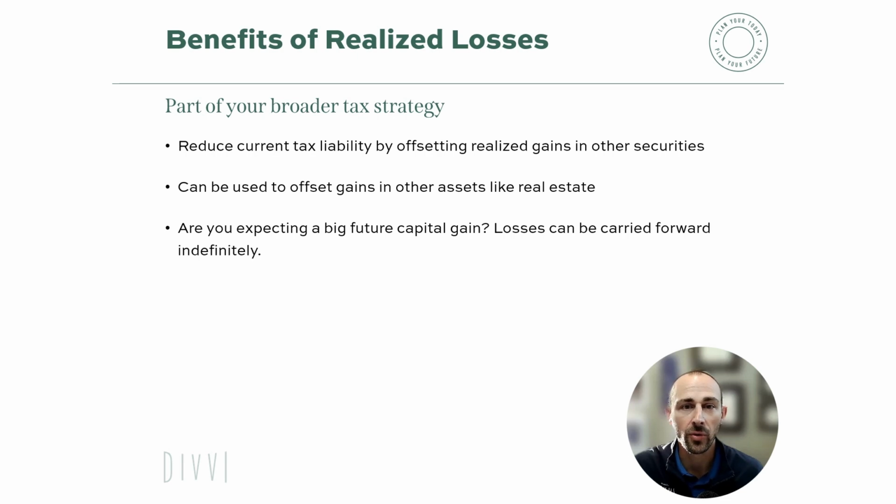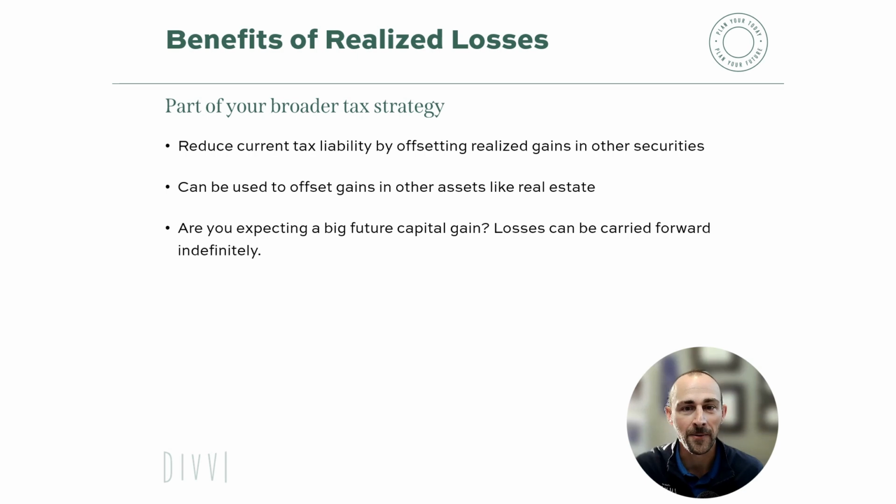Now, when we talk about direct indexing or custom indexing, what are the benefits? One of those benefits is realized losses. In the investing world, we generally talk about gains and making money. That's usually a lot more fun. However, losses are a very real part of investing, and when used properly, they can be a benefit to investors from a tax perspective.